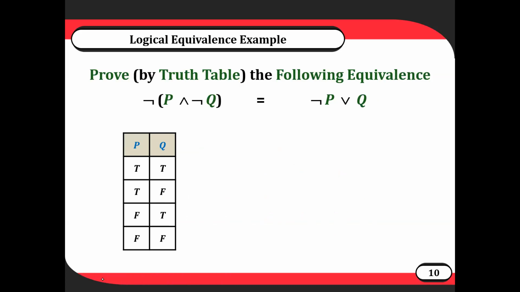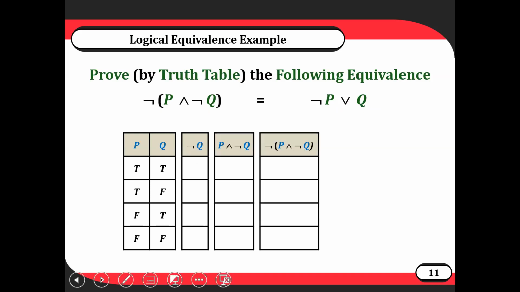So we can also prove other expressions are equivalent. We'll take not (P and not Q) is equivalent to not P or Q. Again, we're going to fill out the truth table, but now we have to express one of these first, and then we'll express the other.